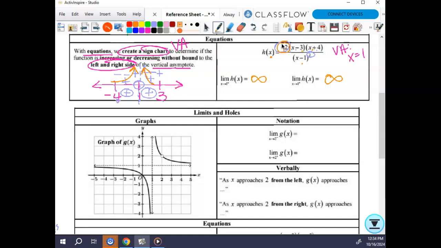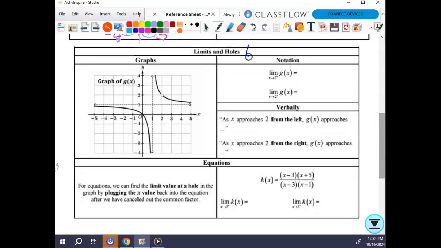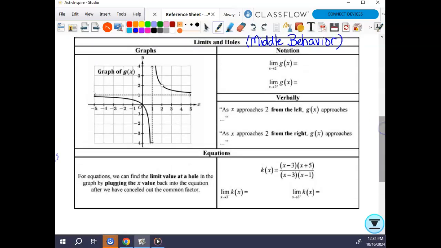So then we get to limits and holes, which is, again, more middle behavior. We don't care about what's happening at the end. So in this graph, I still have a horizontal asymptote and a vertical asymptote. And I also have a hole.